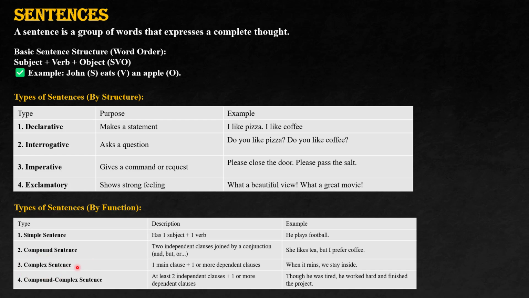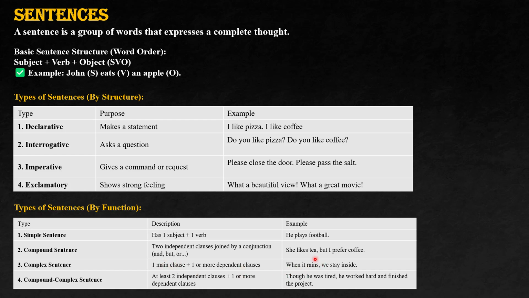Next, the complex sentence. In a complex sentence, we have one main clause, and in that we will have one or more dependent clauses. For example, when it rains, we stay inside. You could see this particular clause is dependent on the main clause, right?